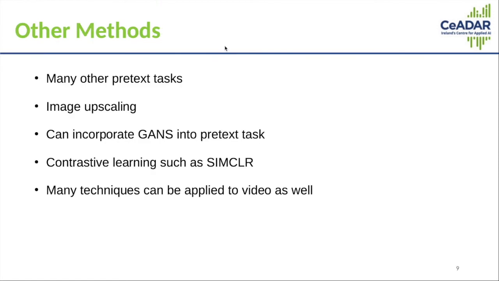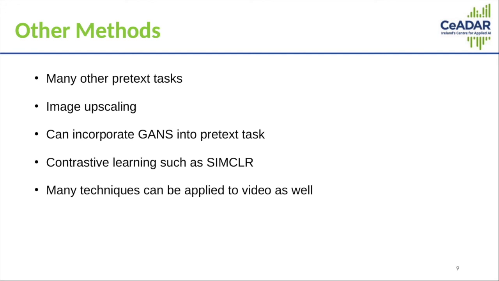I've talked about 2 specific methods of self-supervised learning in detail, but it's important to note there are many other possible pretext tasks which can be used. There's image upscaling, for example, turning low resolution images into high resolution ones, which has been very successful. There are also many methods which incorporate generative adversarial networks into their pretext tasks. And there's also a paradigm called contrastive learning.